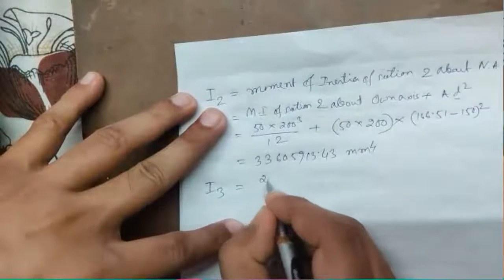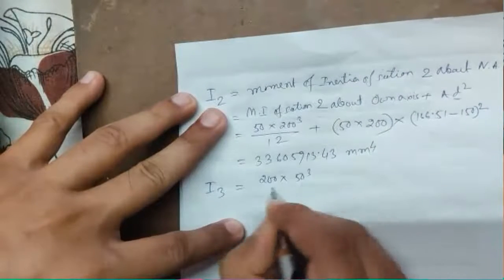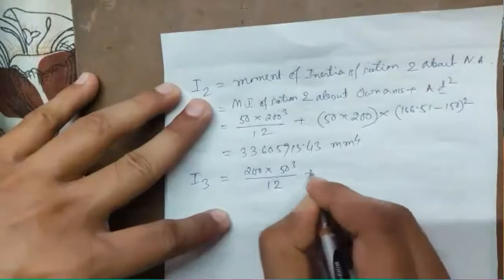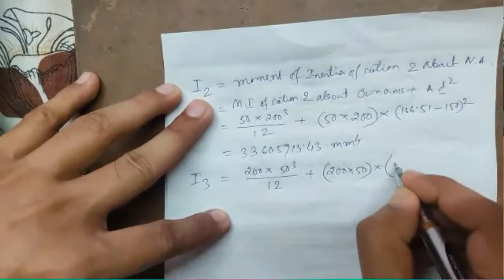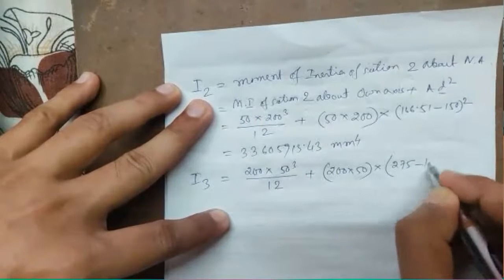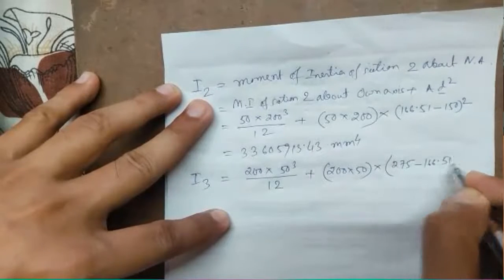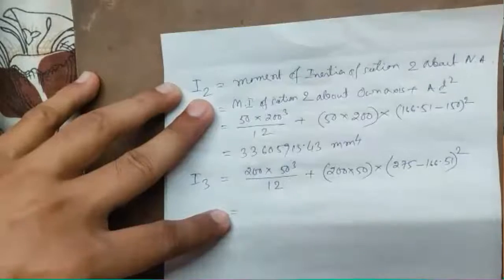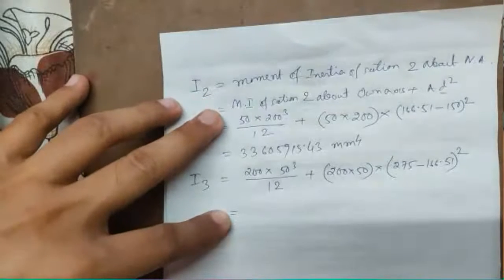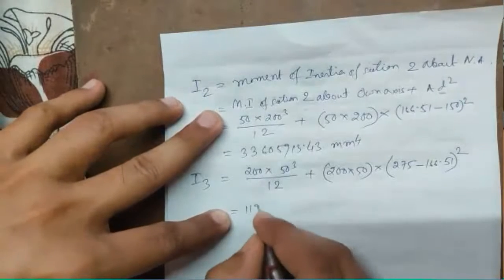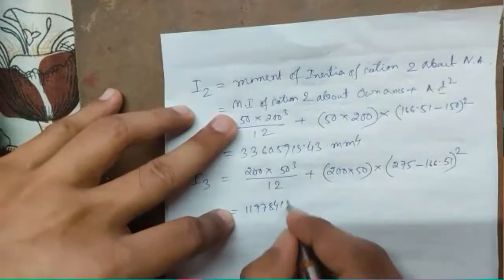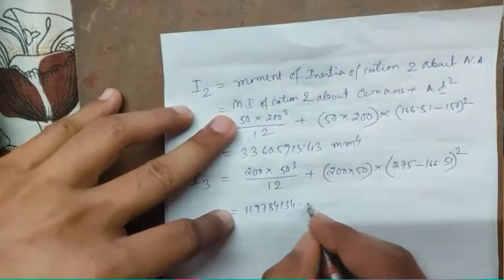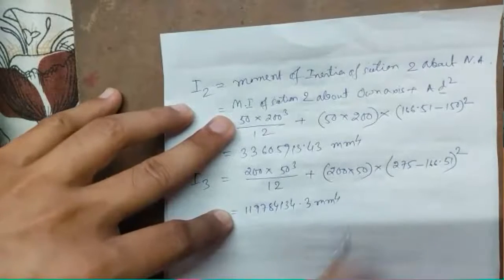So we will write B is 200, D is 50, B D cube by 12 plus area 200 into 50 into d square. d we have found out: 275 minus 166.51 square. So I3 will be equal to 119784134.3 millimeter to the power 4.